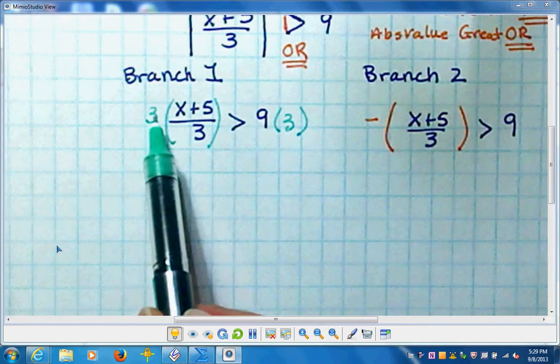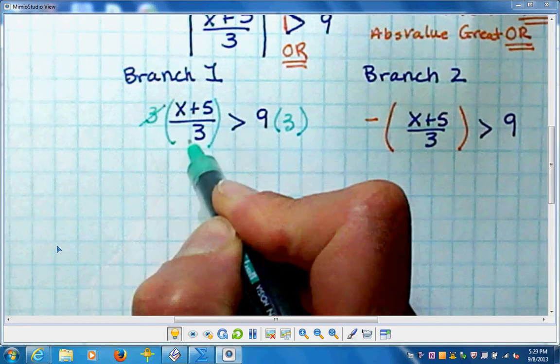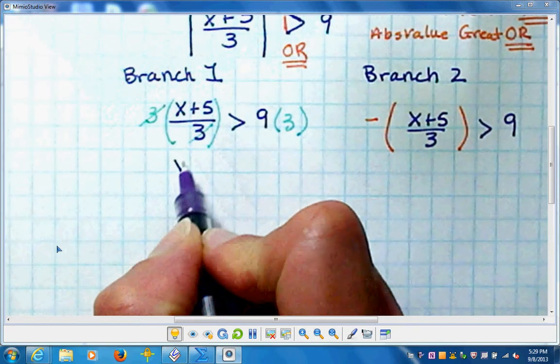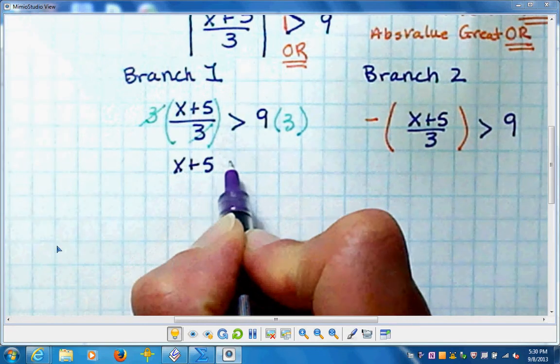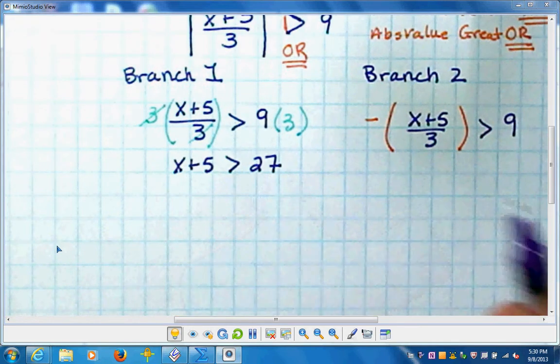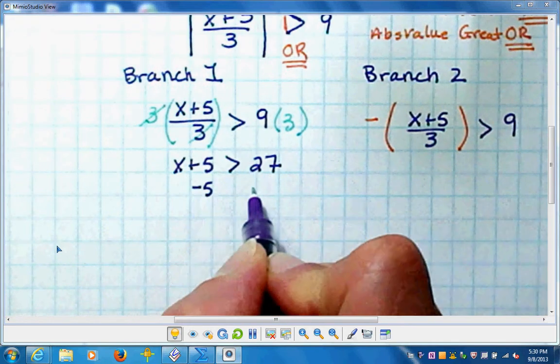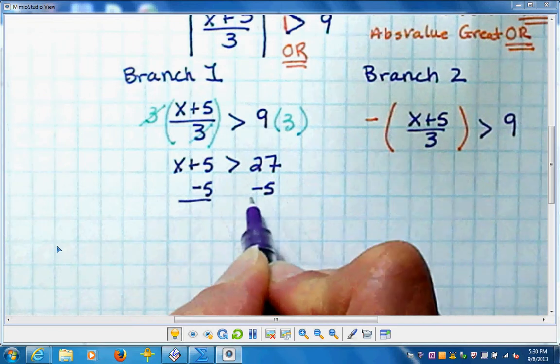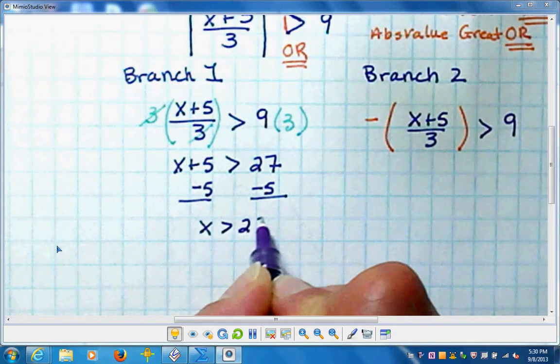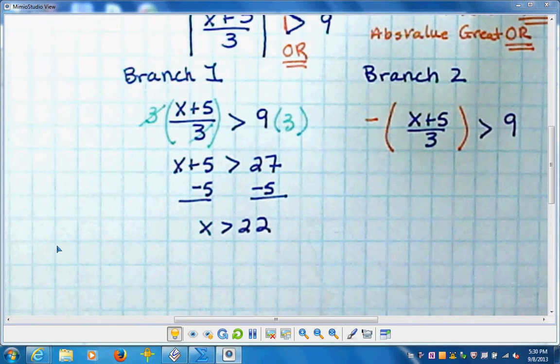So remember, 3 divided by 3 gives me 1. That's why I chose 3. So then that's going to give me x plus 5 is greater than 27. I'm going to subtract 5 on both sides. So that's going to give me x is greater than 22. So that's one answer.